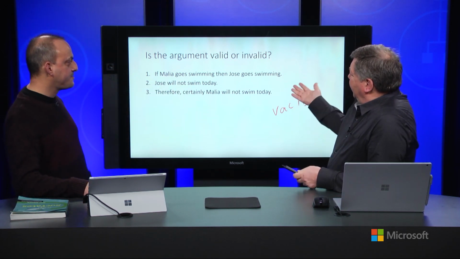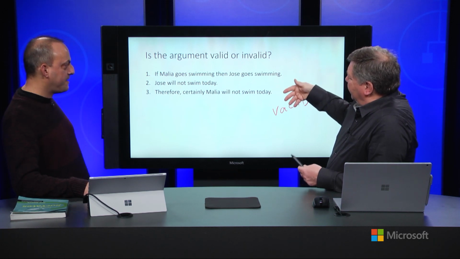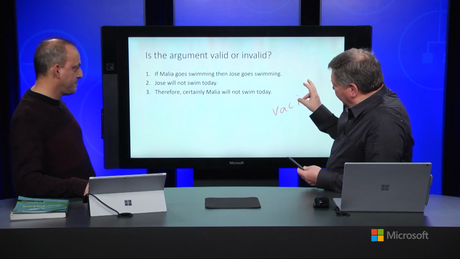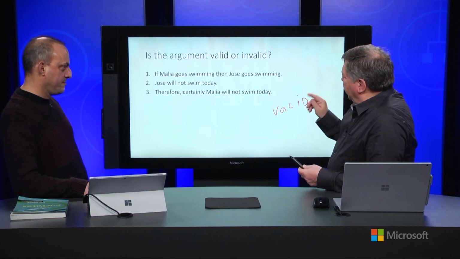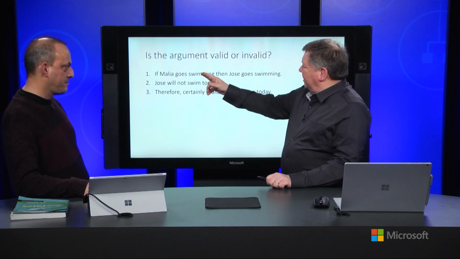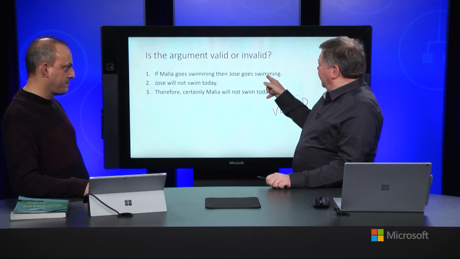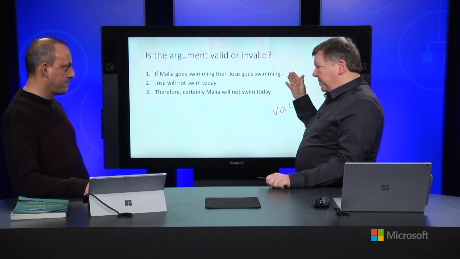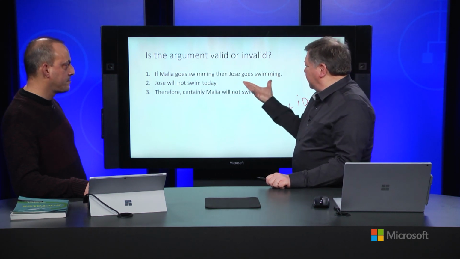Most people look at it and say that something's fishy with this argument, it doesn't look right, they think it's invalid. But when you think about it, the first premise says, if Malia goes swimming, then Jose goes swimming. So every time she swims, he swims, no exceptions. That's what it says.